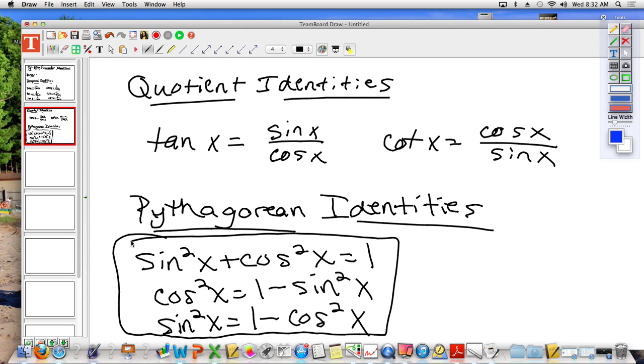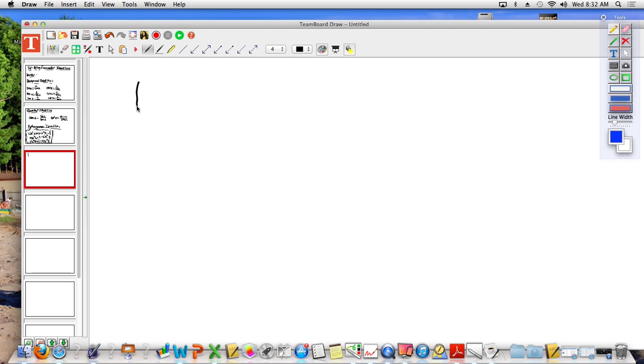There were 2 other Pythagorean theorem identities. The other one was 1 plus the tangent squared of x is equal to the secant squared of x. So that's the main one. But let's move things around a little bit.